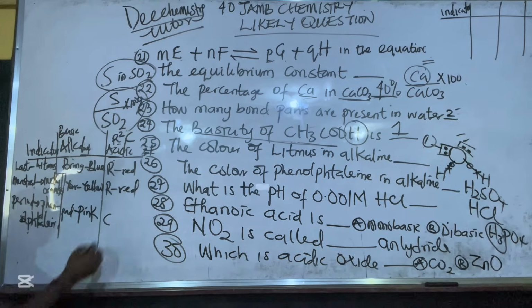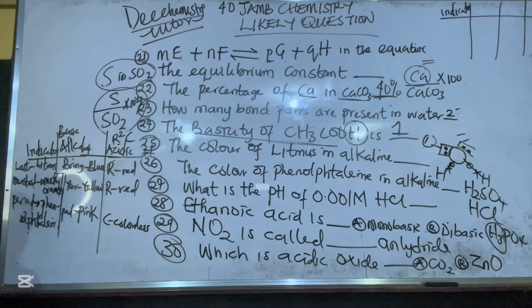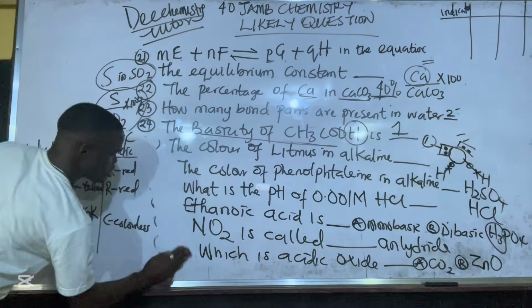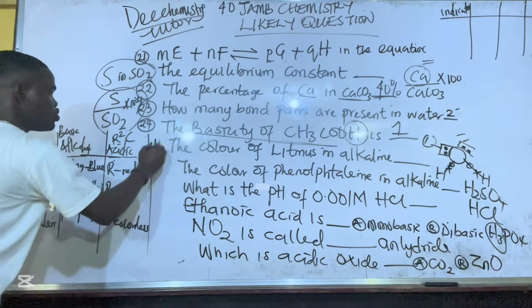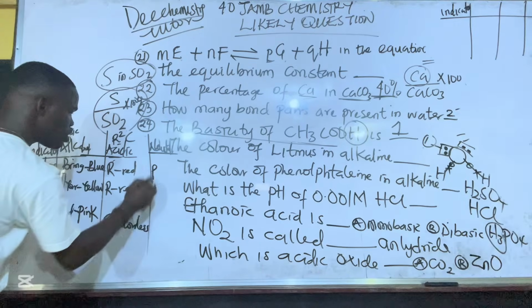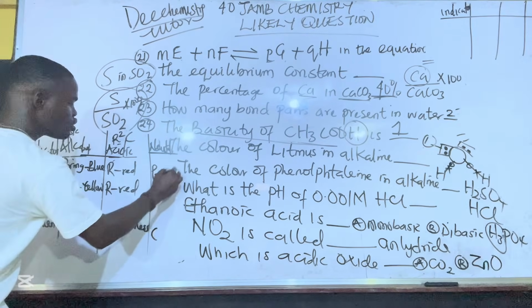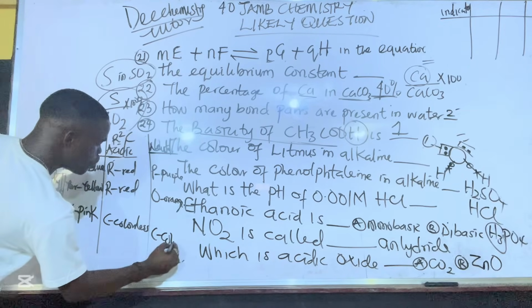Phenolphthalein in acidic medium is colorless. Now the last part, which is neutral, is pork. What does pork mean? This means purple. This means orange. And this means colorless.